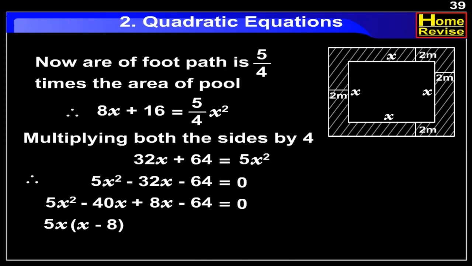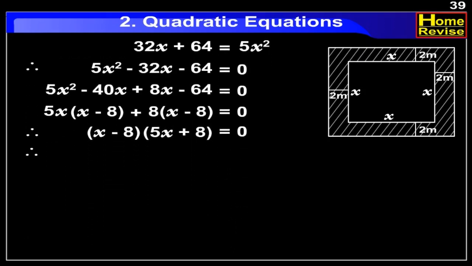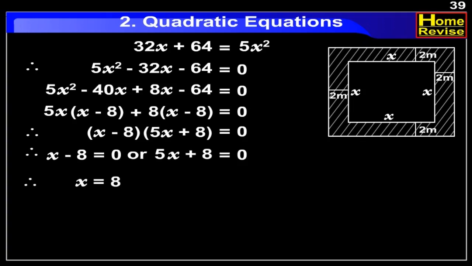Taking out plus 8 common from the next two terms, we have plus 8 in bracket x minus 8 is equal to 0. Therefore, x minus 8 into 5x plus 8 is equal to 0. Therefore, x minus 8 is equal to 0 or 5x plus 8 is equal to 0. Therefore, x is equal to 8 or x is equal to minus 8/5.